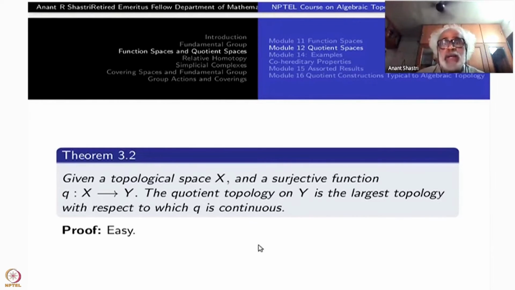The topology on X hasn't changed. Then I want to say that every element of lambda, every open subset in this topology, is in the quotient topology that we have defined, namely tau prime. How? Take a set in lambda; its inverse image is open in X because Q is continuous. But that is enough to put this one inside tau prime. Therefore, lambda is contained inside tau prime. Therefore, tau prime is the largest topology.